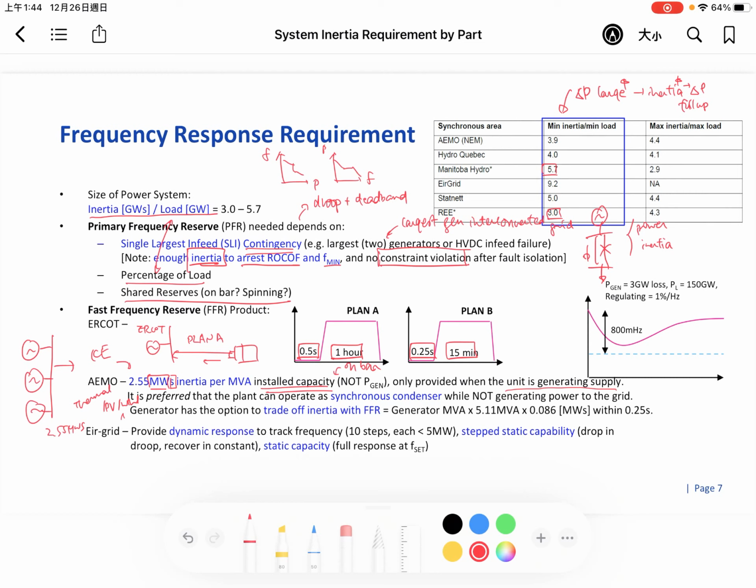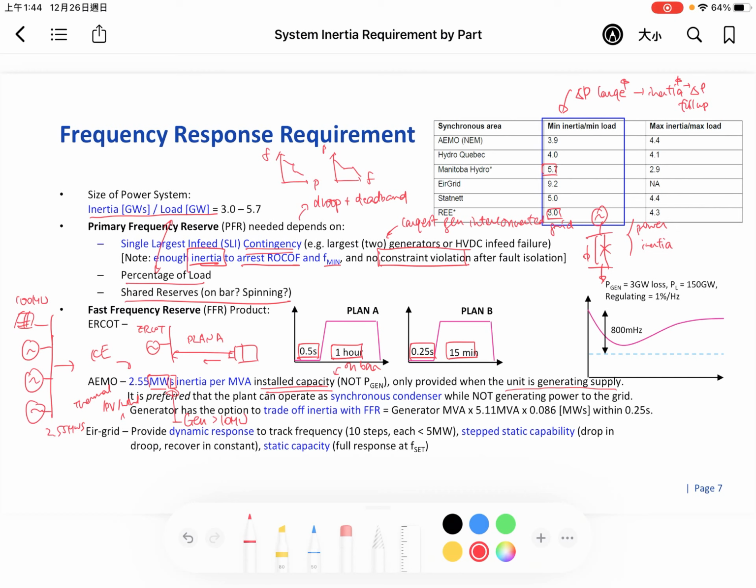Then you can have the option to trade off inertia with fast frequency reserve, which means that this requirement is for a generator larger than 10 megawatt, so if I have got a PV with 100 megawatts, I still need to provide this kind of inertia, no matter what I do.